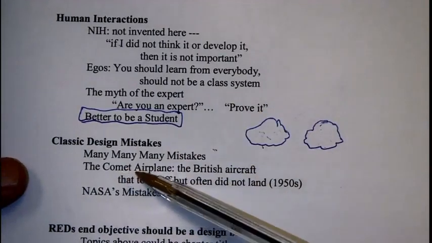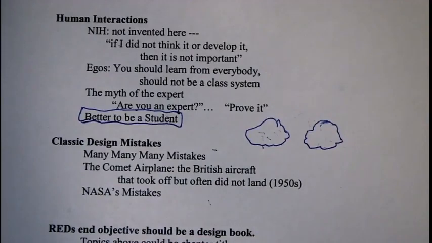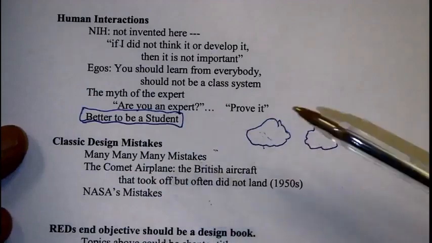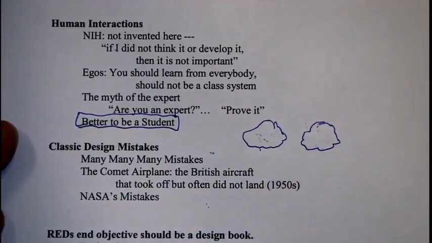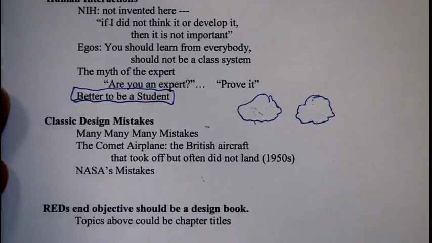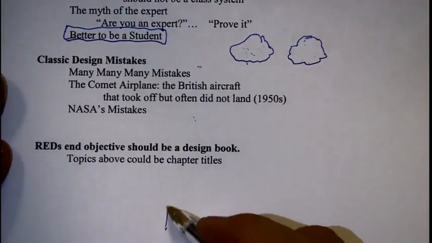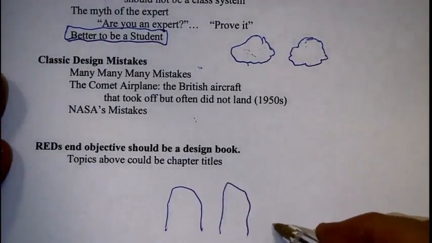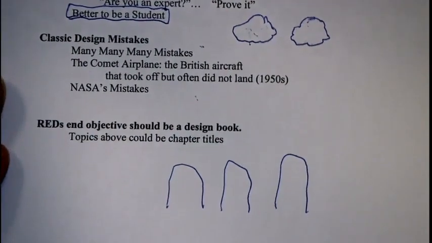I like this one about the Comet airline. You probably never heard about the Comet airplane. It was the latest and greatest, and what was unique about it is it took off but often never landed. When they had the airline, I can put it up here, you had windows here. And the airplane crashed because of their window design.